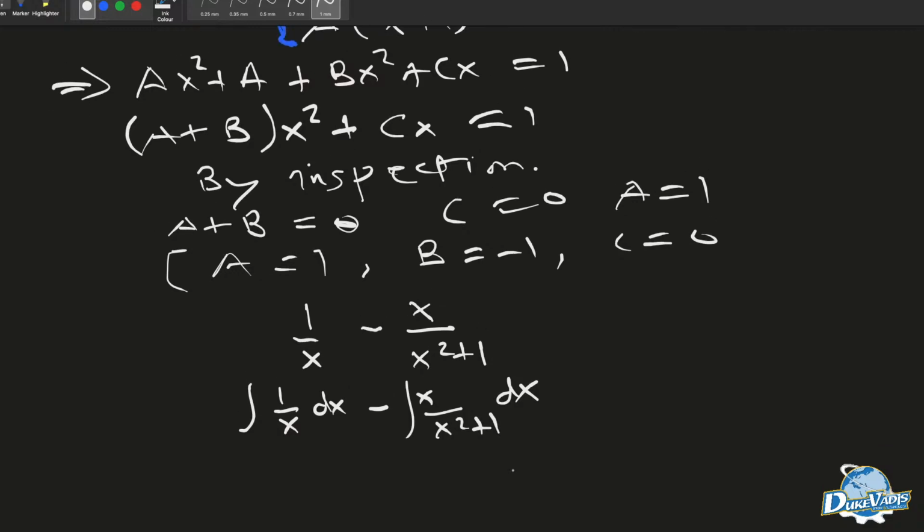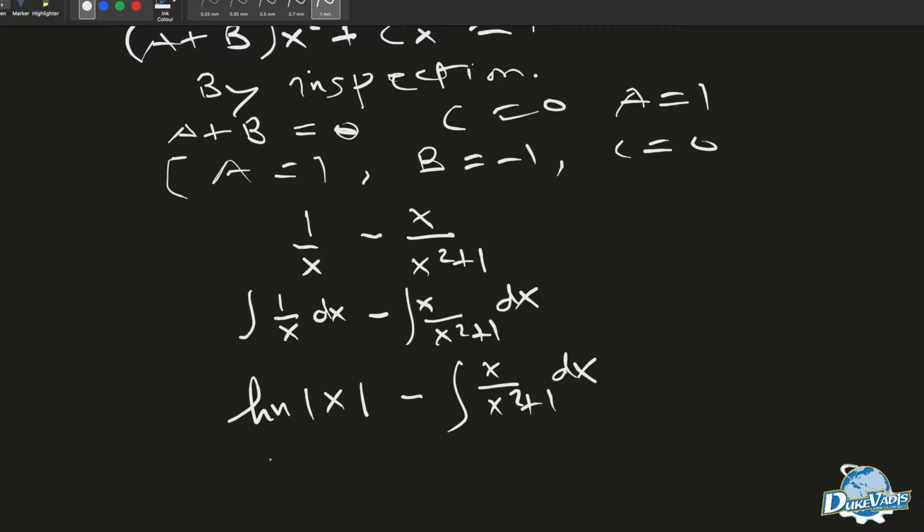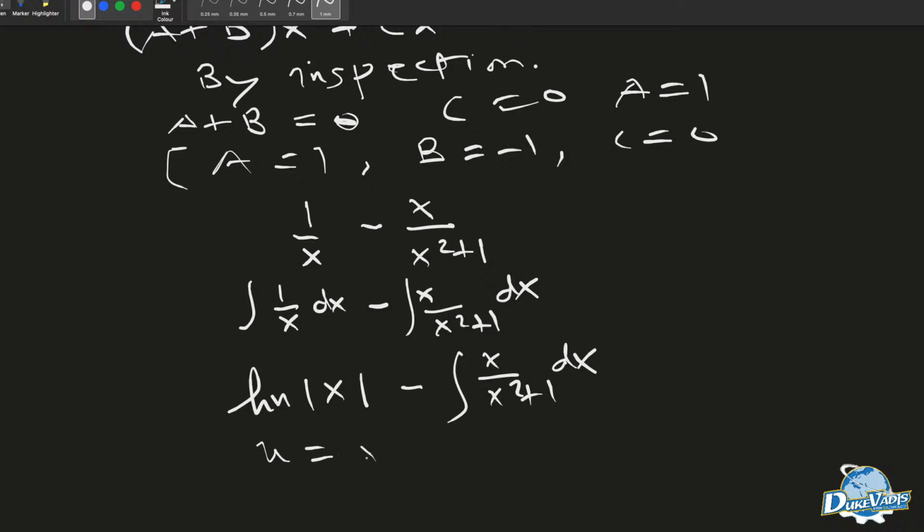Now, if we integrate this, our first one will be the natural log of the absolute value of x. Now for this integral, x over x squared plus 1 dx, we can use substitution. So let u be equal to x squared plus 1. Then du is equal to 2x dx.